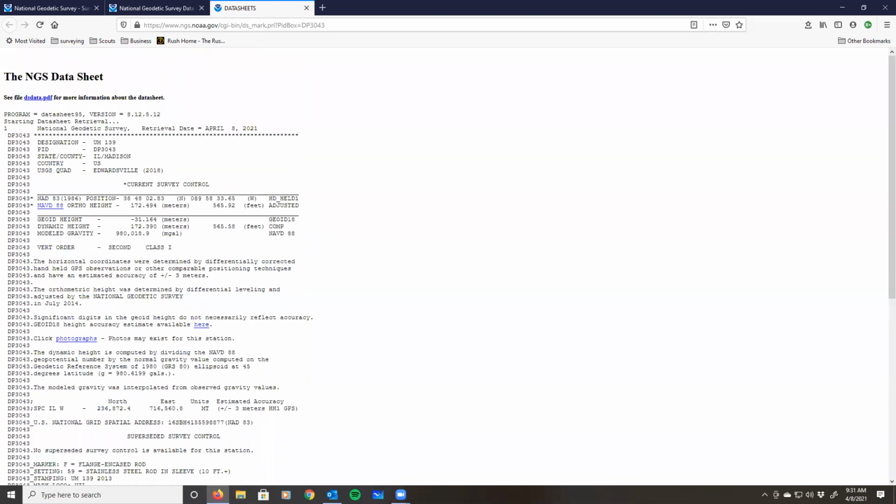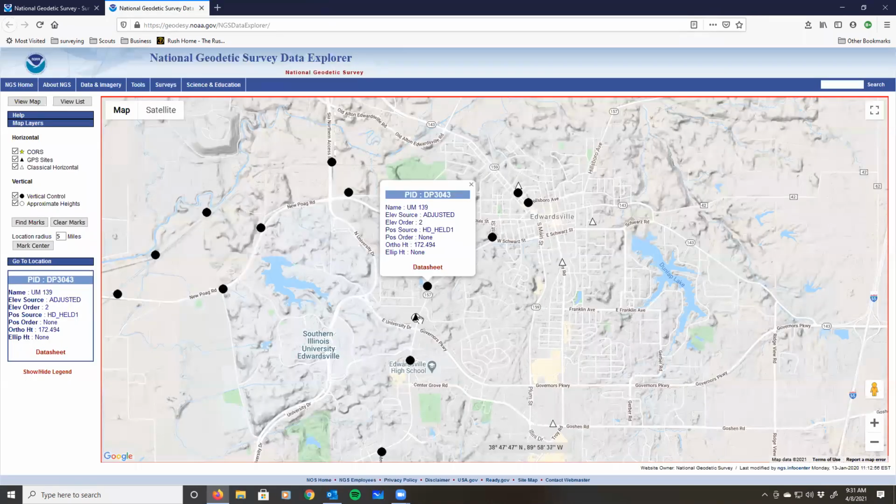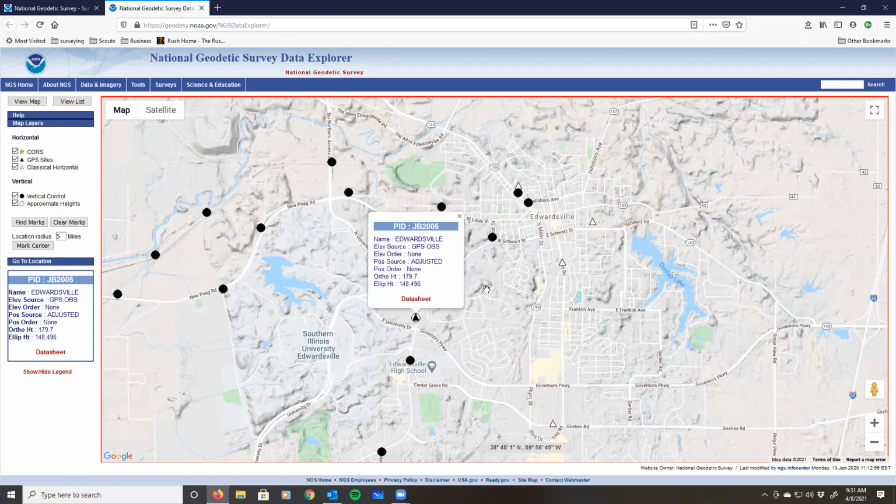So, like I said, that's a horizontal location. A vertical location is right here. It's Station Edwardsville. You have probably seen it, not realized it, if you've gone east out of University Drive, out of the campus.